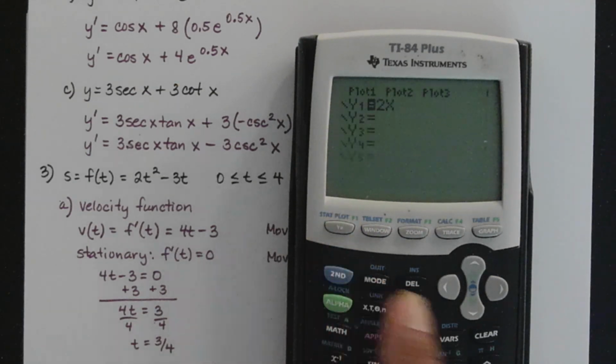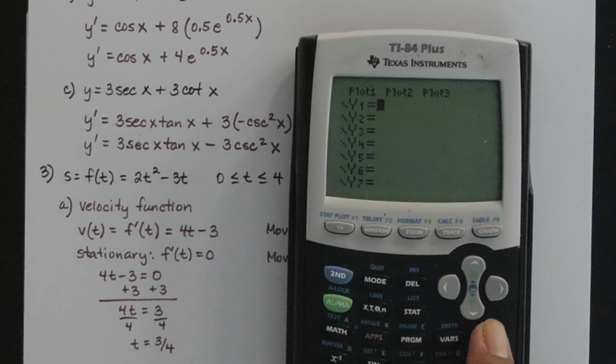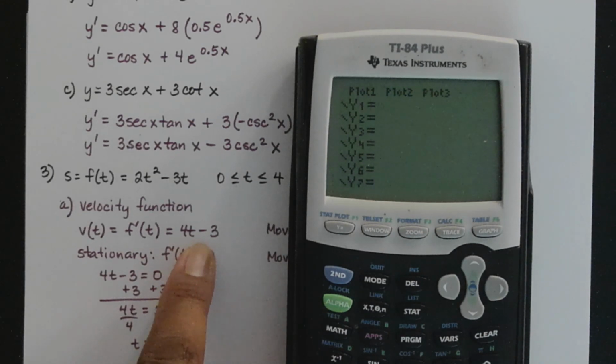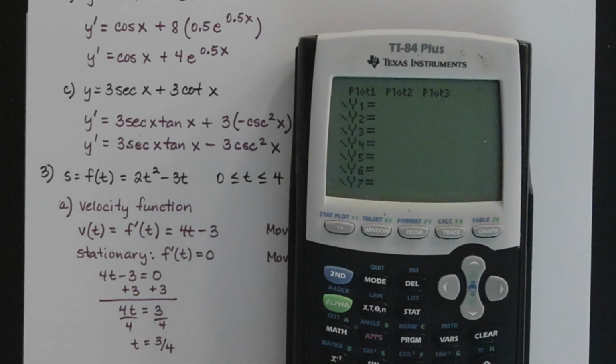Okay, so if I go to y equals, and I'm going to clear this equation out, enter this velocity function, I'm going to treat the t like an x. So it'll be 4, then the x variable key for your x, minus 3.